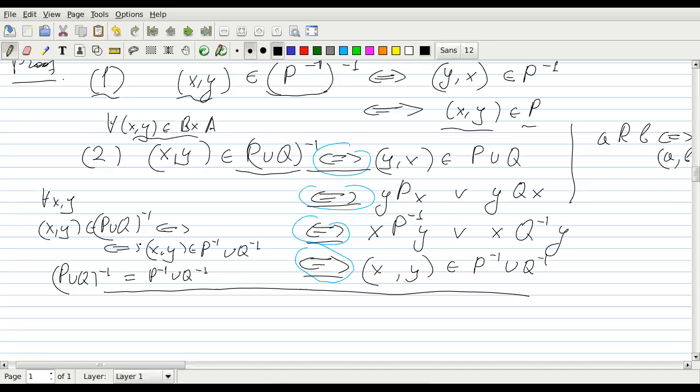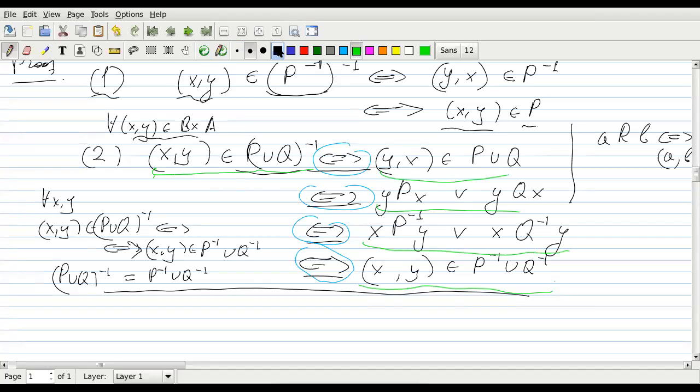If and only if means equality for the respective sets. We have proved that every element belongs to the first set if and only if it belongs to the second one. You may easily start from this point and converse every implication here. Then you will obtain the same result. If this one is true, then this one is true, then this one, and finally this one. Isn't it clear?